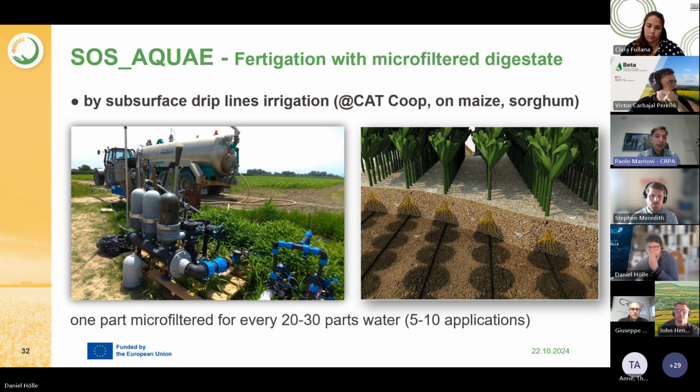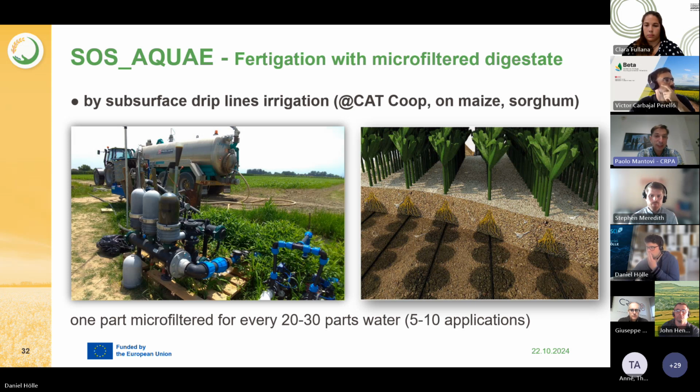Here we used 1 part of microfiltered digestate for every 20-30 parts of water during 5 to 10 applications, depending on the crops and on the climate of the year. Also, in this case, we designed a system to inject the digestate into the drip line system.